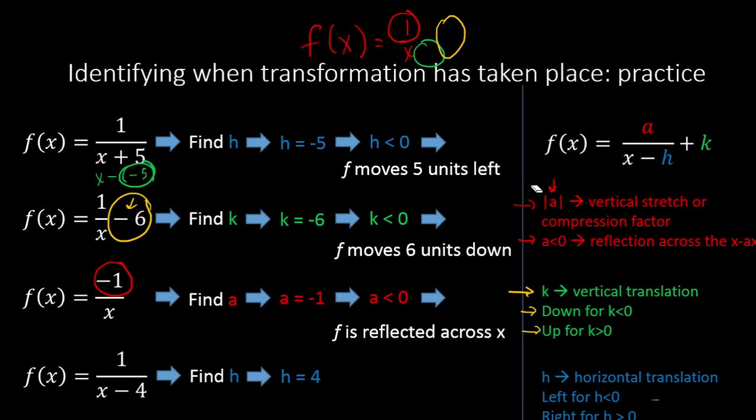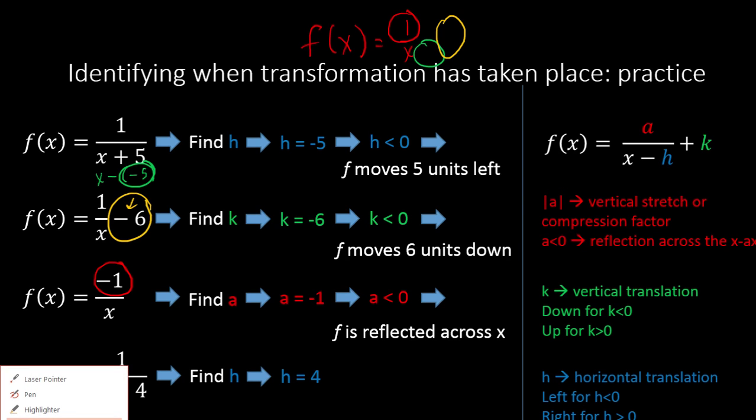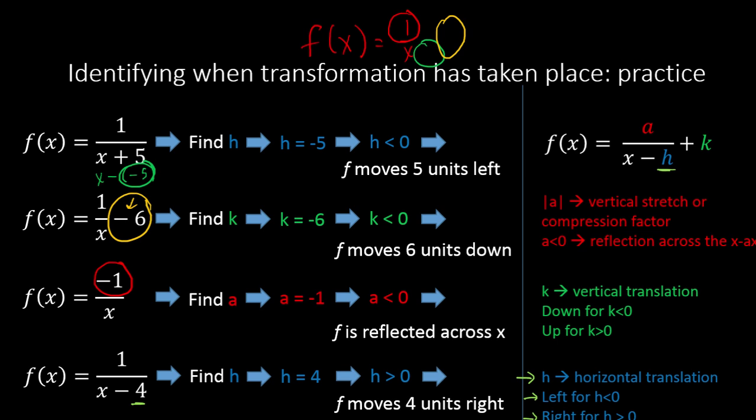And if you don't understand that, please take a moment just to look at the key and notice how 4 and h match up. I have an x minus 4 and an x minus h. So h is equal to 4 here. Now I consult my key. Notice that I'm moving left if h is less than 0 and right if h is greater than 0. Well, here h is greater than 0, so I'm going to move right 4 units.